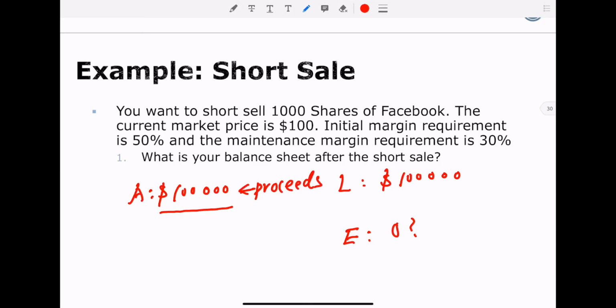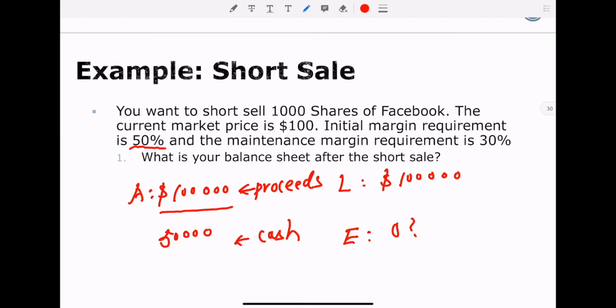However, when you're opening this position to do a short sale, you have to satisfy the initial margin. What is the initial margin? It's 50%. So if the value of the stock is $100,000 and the initial margin requirement is 50%, then you need to deposit $50,000 of cash in your account as collateral, to satisfy the initial margin requirement.